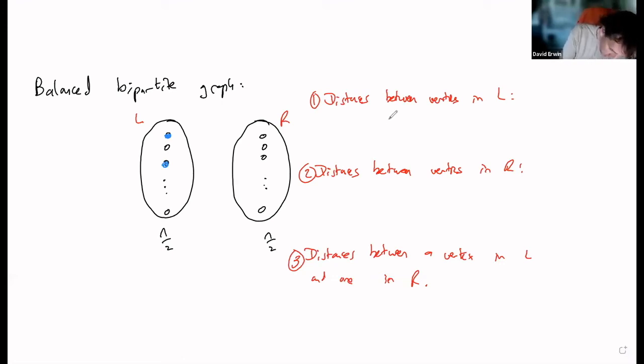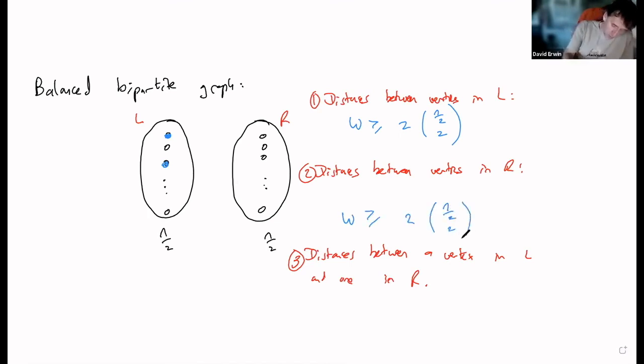So let me just say W, by which I mean the contribution to the Wiener index from pairs of vertices which are both in L, is at least 2 times n over 2 choose 2. And similarly, of course for R this is the same. So for R the contribution is once again at least 2 times n over 2 choose 2, because there are n over 2 choose 2 pairs of vertices we can look at there.